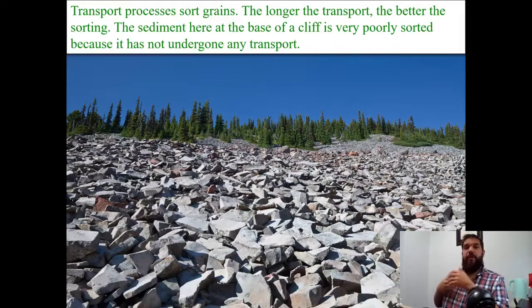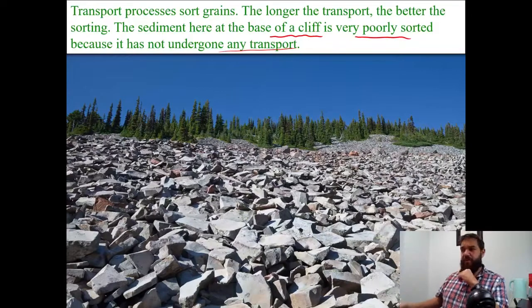Sorting occurs through transport. As things are carried away by the wind, the ice, the water, it will naturally sort those grains out. So, for example, the sediment here at the base of a cliff is very poorly sorted because it's not undergone any kind of transport except maybe just gravitational, falling down a slope.